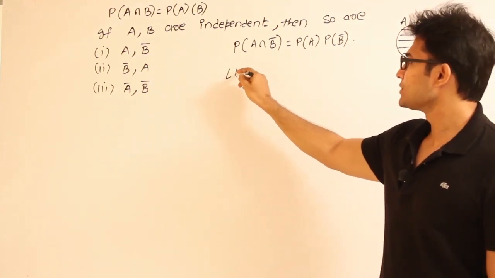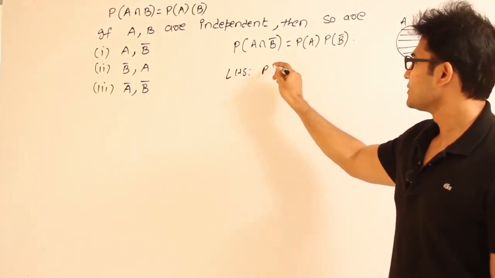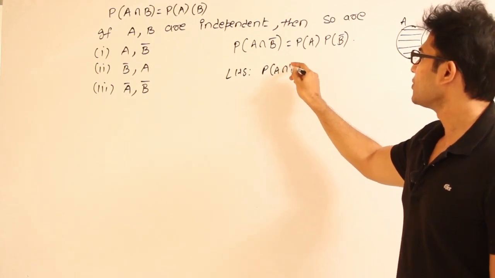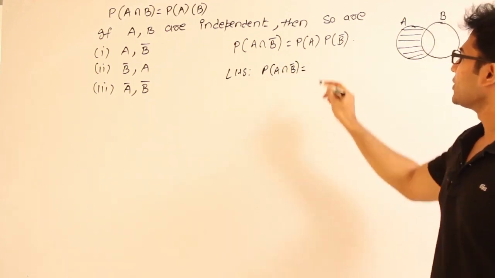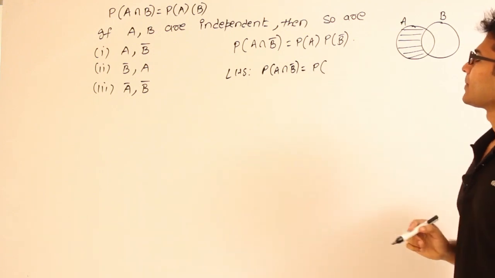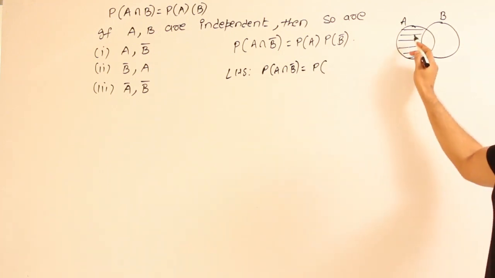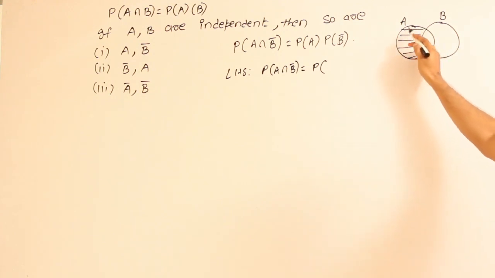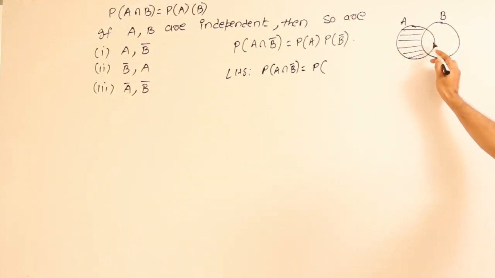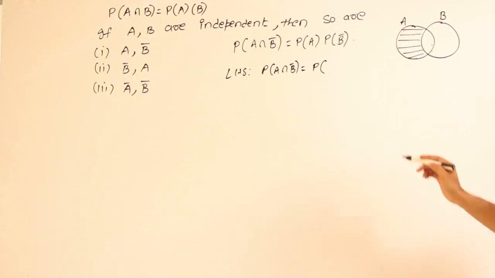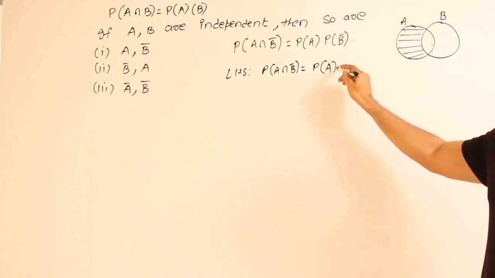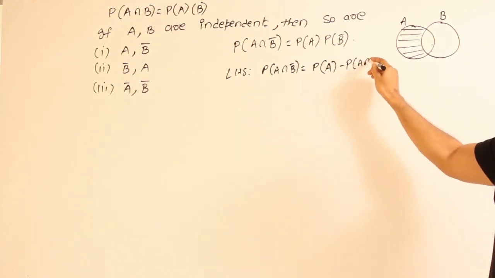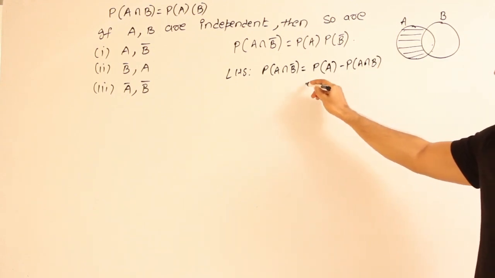I'm just taking the left hand side, P of A intersection B complement. Now this part is nothing but P of A minus P of A intersection B. Whatever is present in A minus whatever is present in A intersection B. So this is equal to P of A minus P of A intersection B.